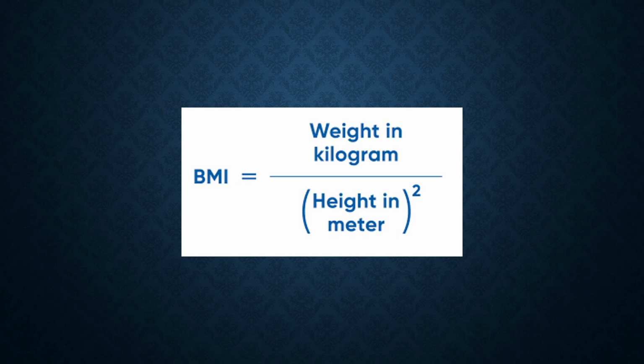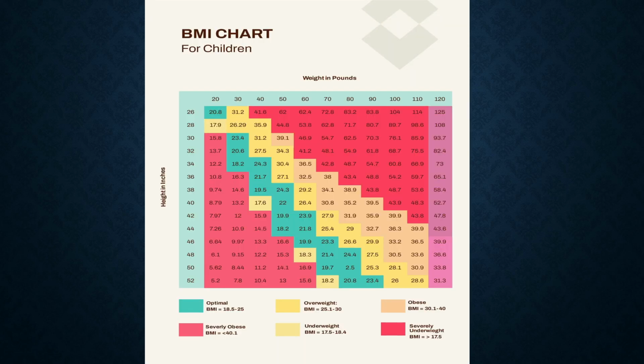Before I go any further, I want to show you a chart that can be used to provide a BMI in children. This picture before you is a BMI chart for children. We can see at the top the weight in pounds, and on the left, height in inches. And what is happening in the middle with all the colors? The colors are indicating the BMI of a certain child.